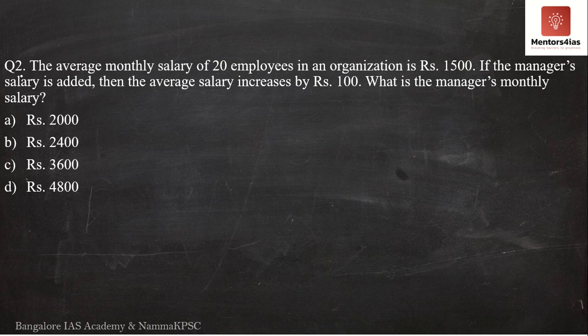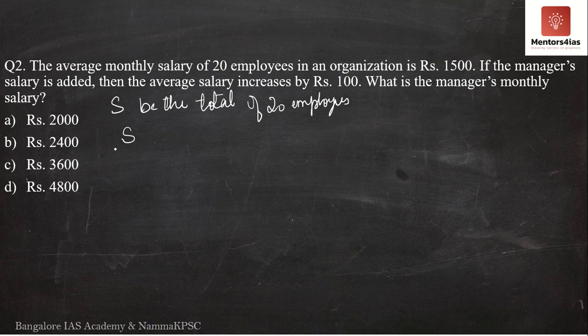So here from the question, let me say, let S be the total salary of all the 20 employees. Then, if I divide the total salary of all the 20 employees, that is S, by 20, the total number of employees, then I should get the average salary of every single employee.